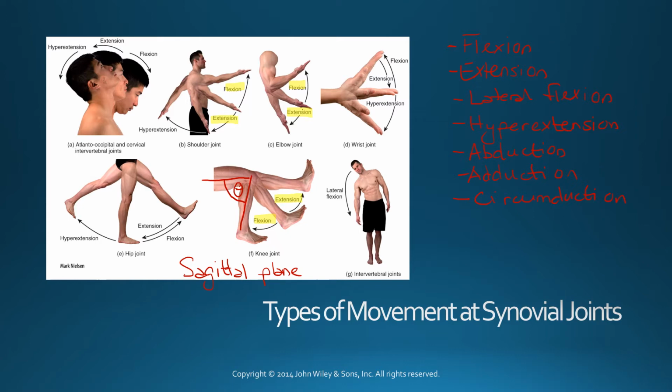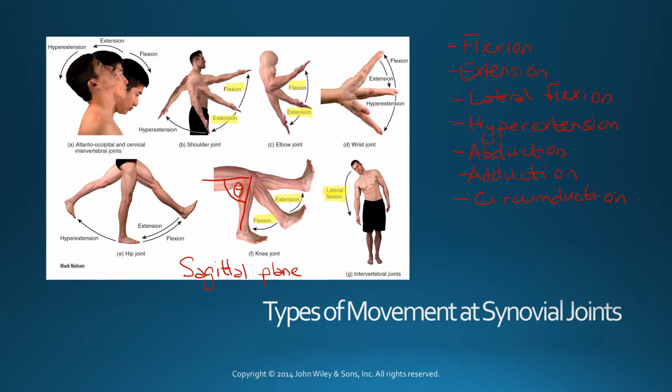That's an example where we don't see that along the sagittal plane. Another example is movement of the trunk sideways. This is like right and left at the waist. This movement occurs along the frontal plane and involves intervertebral joints, and it's called lateral flexion.